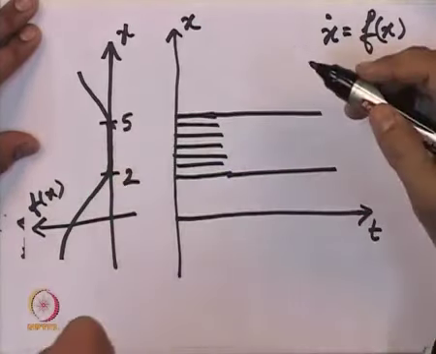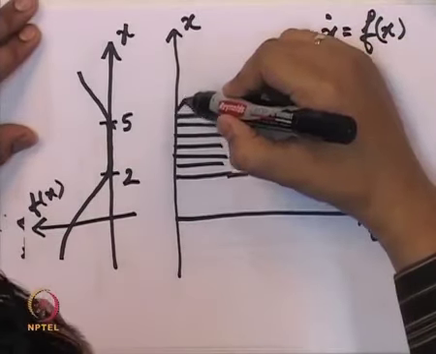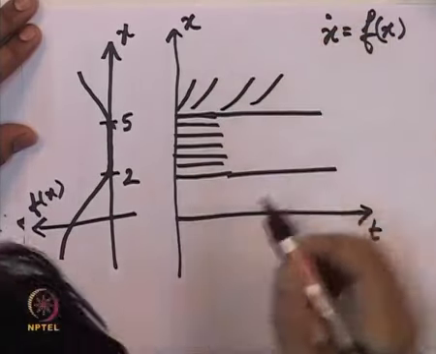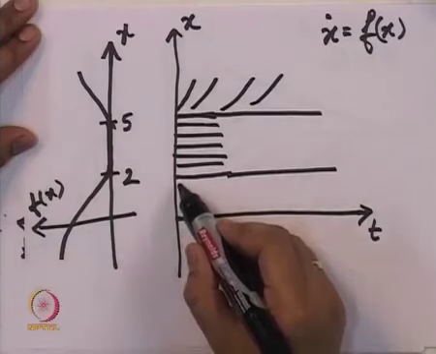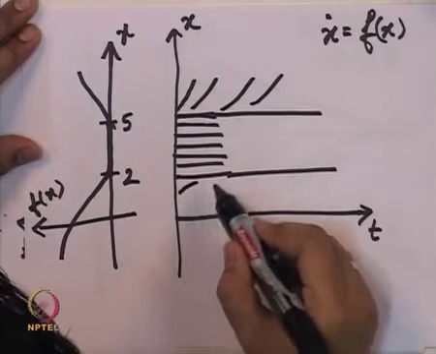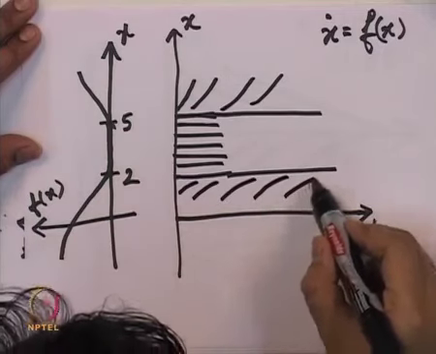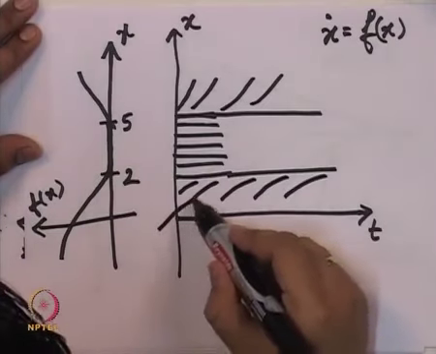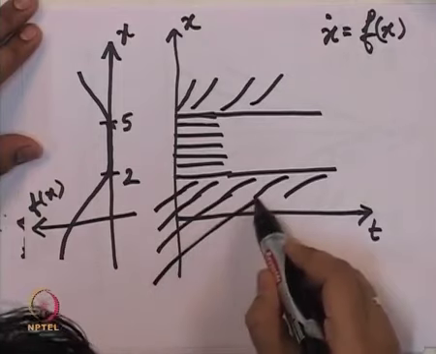For slightly larger values of 5, we see that x dot is positive. In other words, the trajectories are going away. Also, for slightly lower values of x, we see that x dot is again positive, which means that the trajectories are increasing and hence approaching this particular equilibrium point. These trajectories could have existed for negative values of time also.